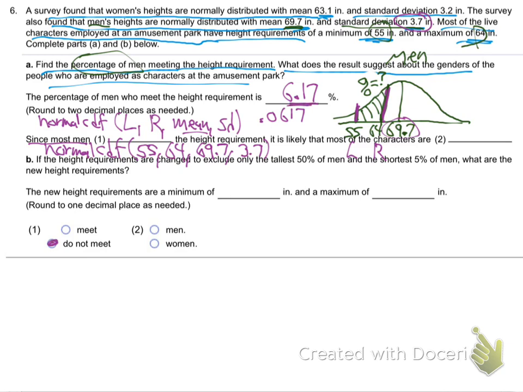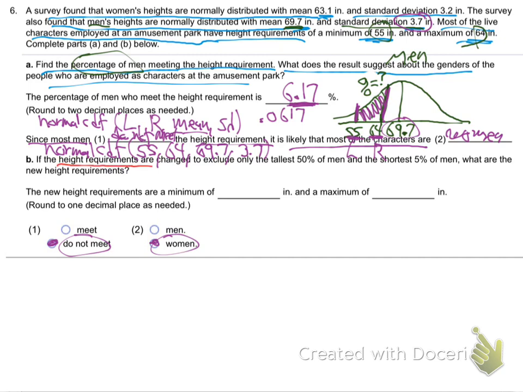Only 6% of men are between 55 inches and 64 inches, which is the height requirement for the live characters at the amusement parks. So only 6% of men fit that. So since most men do not meet the height requirement, it is likely that most of the characters are women. They're probably women. Only 6% of men could fit in that height range.